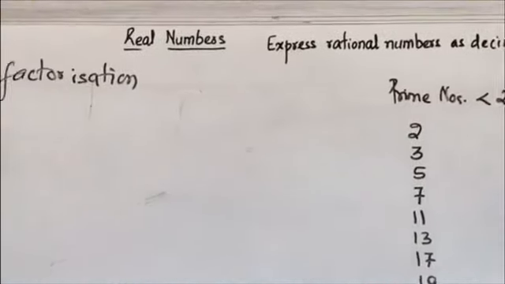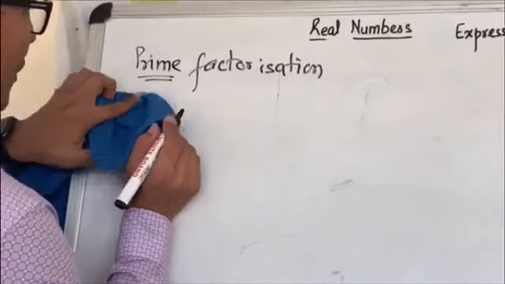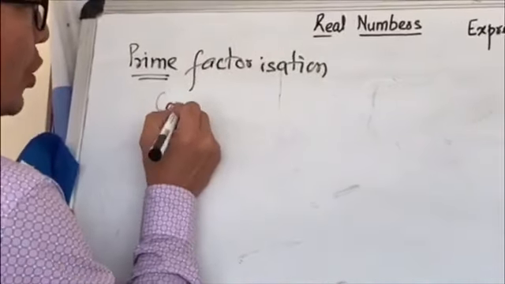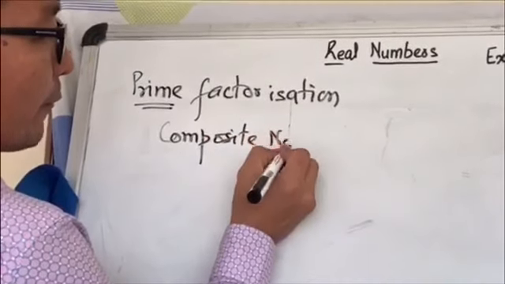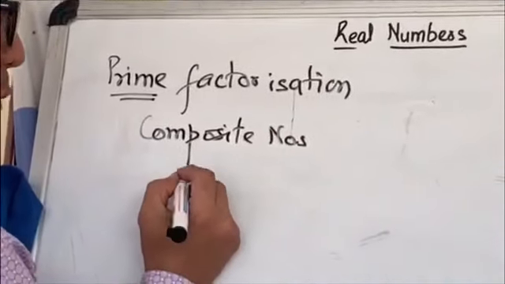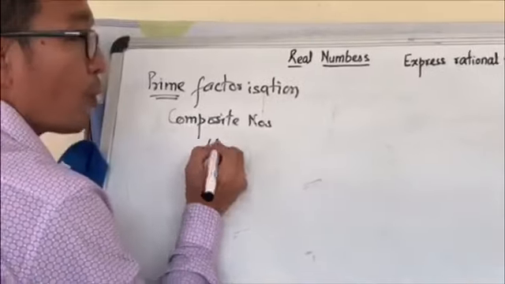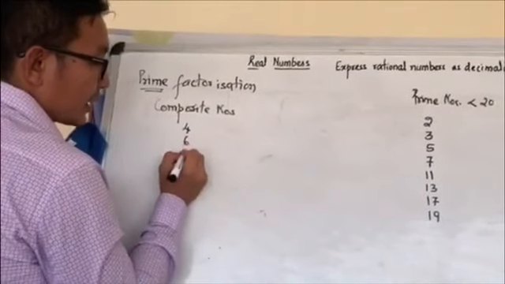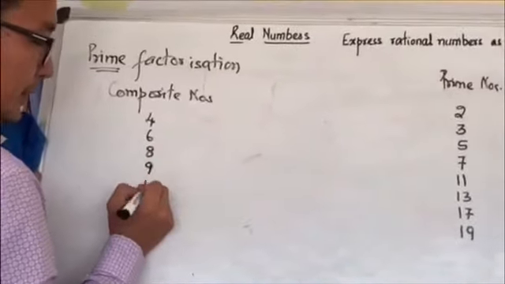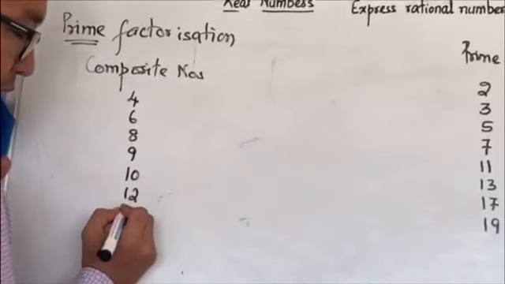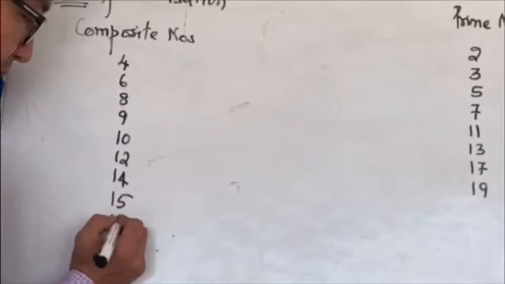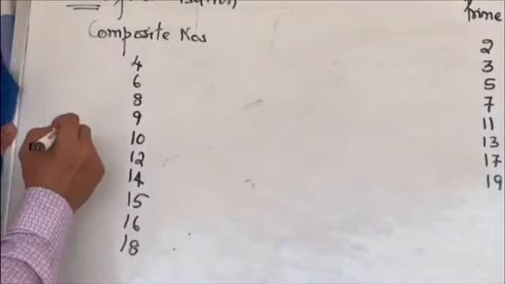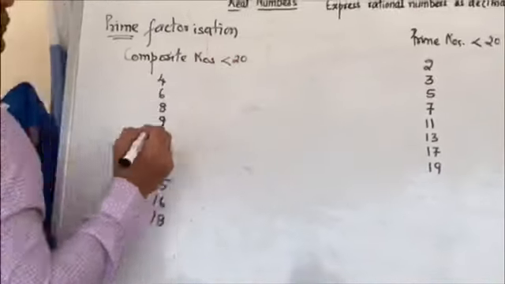And the composite numbers: 4, 6, 8, 9, 10, 12, 14, 15, 16 and 18 are the composite numbers less than 20.